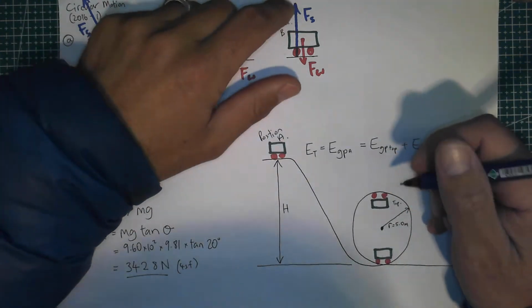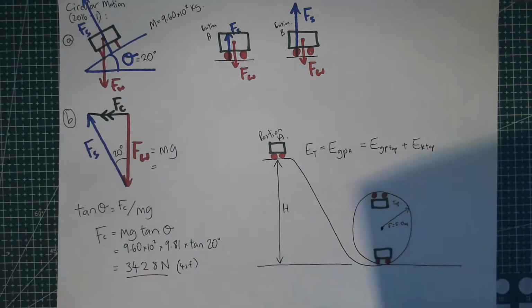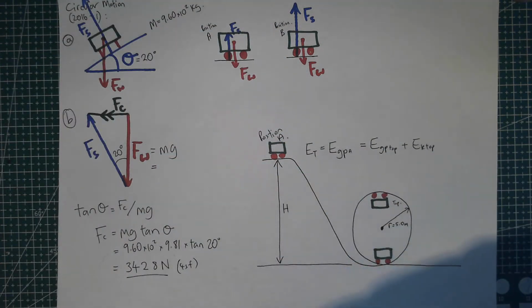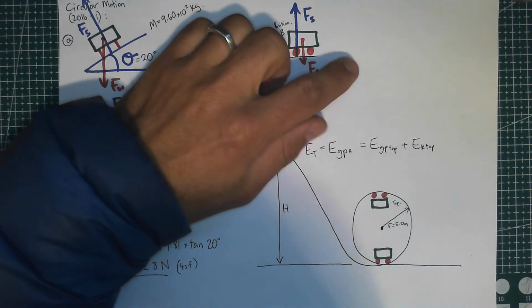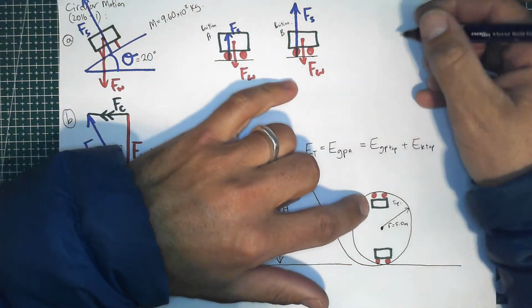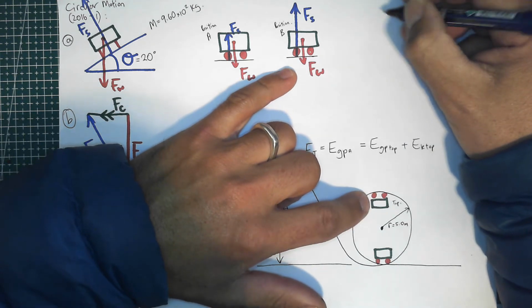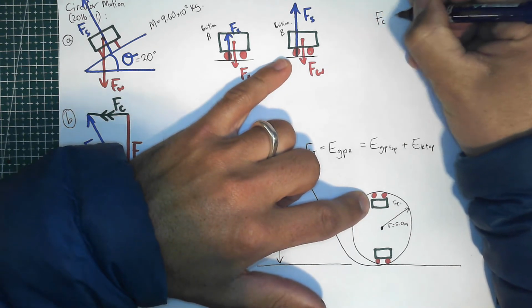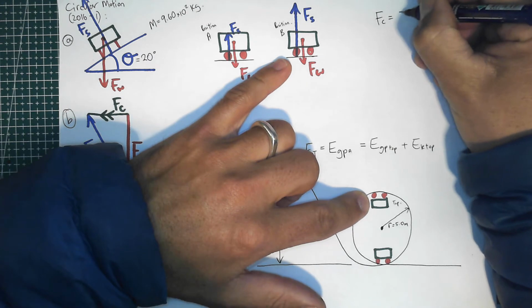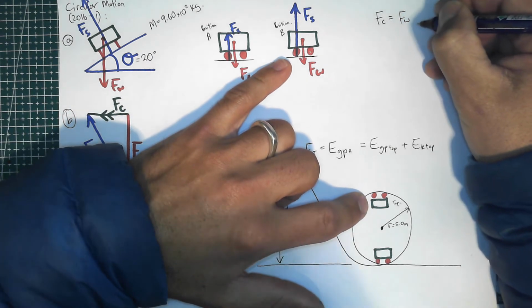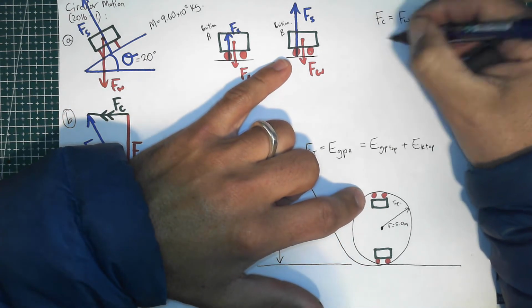So let's take this back up to the top and work from there. Let's consider this point here. At the top of the loop, the centripetal force is due to the weight force at the slowest possible speed. These two are equal.